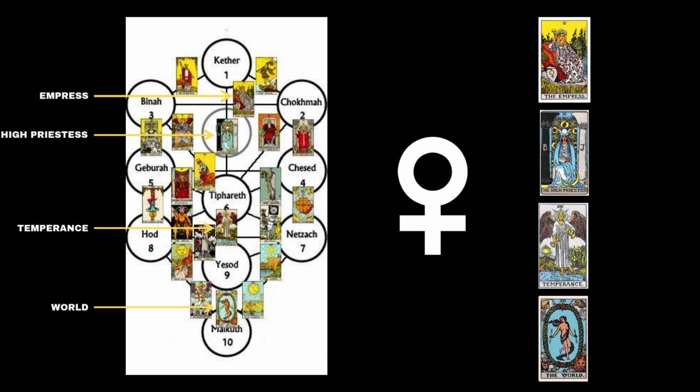That in the middle column, all the paths are feminine cards: the Empress, the High Priestess, Temperance, and the World card, or the Universe card. 4 paths, and the cards that fit there are feminine cards of the tarot. The central column of the Kabbalistic Tree of Life is basically the feminine mysteries.